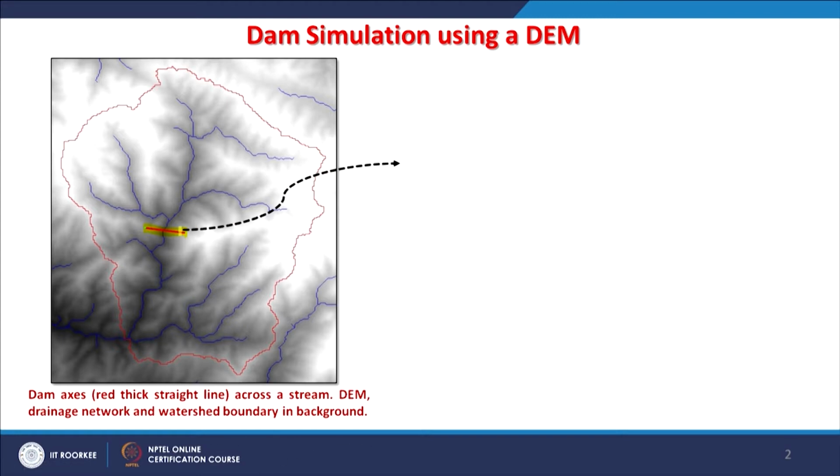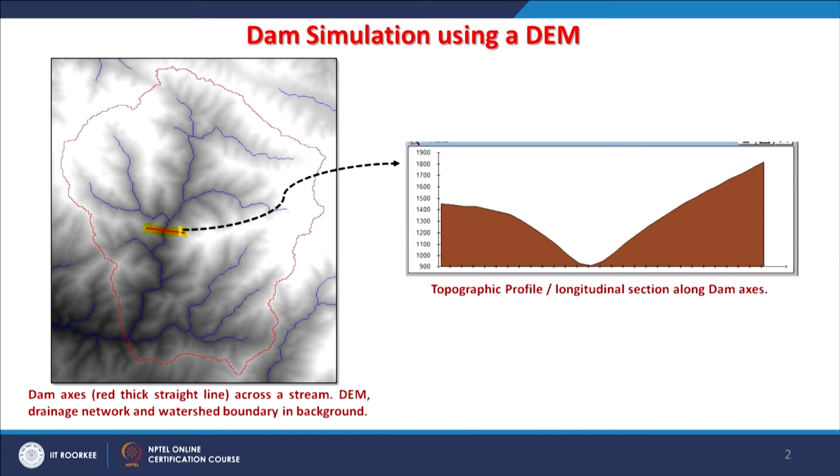Now, the height of this dam axis we can decide once we start getting this topographic profile. Like in GIS software, as soon as you draw a line, you can get a topographic profile like this. That means in this part I can fill with water and can create a dam, or a reservoir in the upstream, and inundate the water.